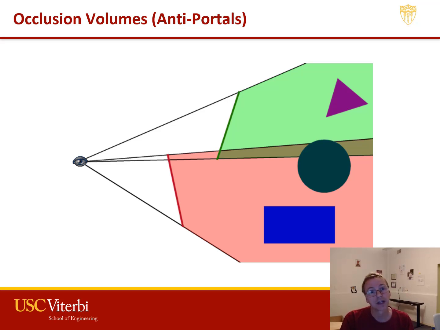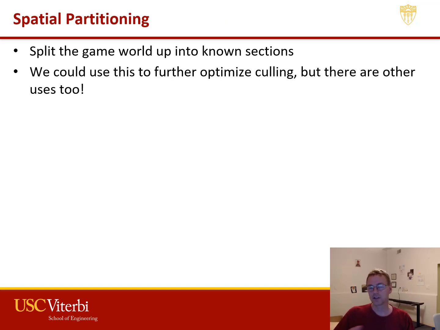The last kind of visibility culling I want to talk about is a category called spatial partitioning, where we take the whole game world and chop it up in some automated way. And the chopping of the space will allow us to say that certain parts of the space are not visible.